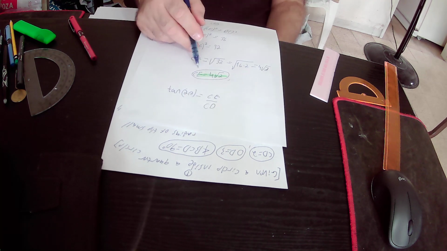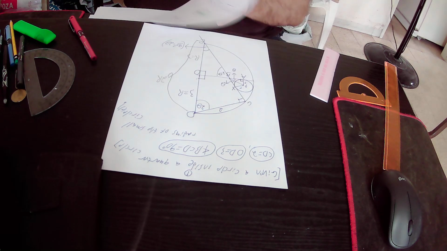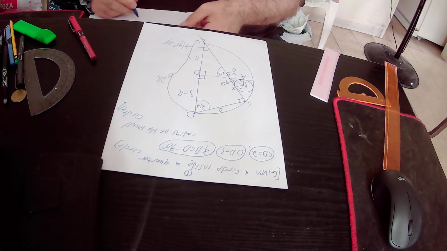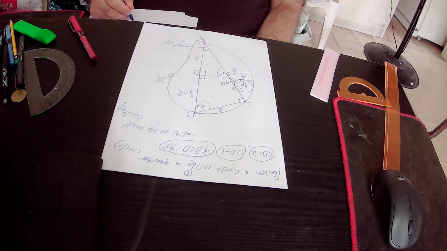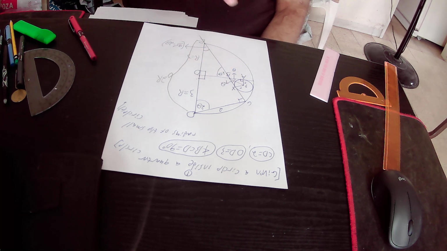But what is the value of CE? CE equals 4 times root 2. And what is the value of CD? CD equals 2 units. It is given in the question.